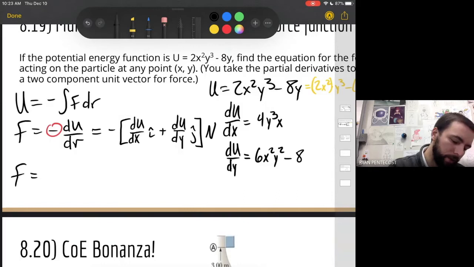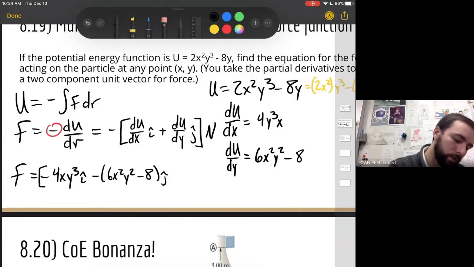So we have negative 4xy cubed i hat minus 6x squared y squared minus 8 j hat, and that is all in newtons.